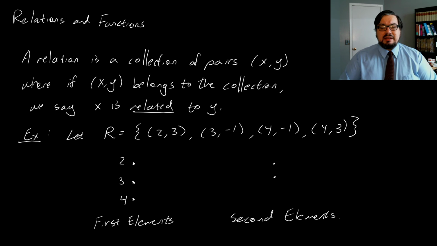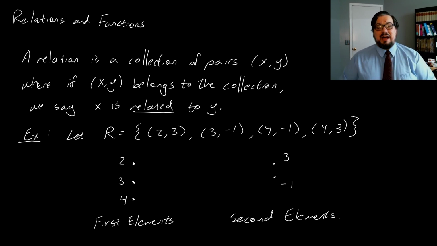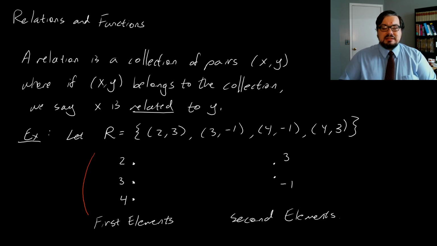And then for our second elements, we see that 3 appears as a second element in our pairs. Negative 1 appears as a second element in our pairs. And that's it. Those are the only 2 numbers that appear in the second spot of our pairs in the relation R. Now, we'll make this precise in a second, but we give these 2 sets of elements names.